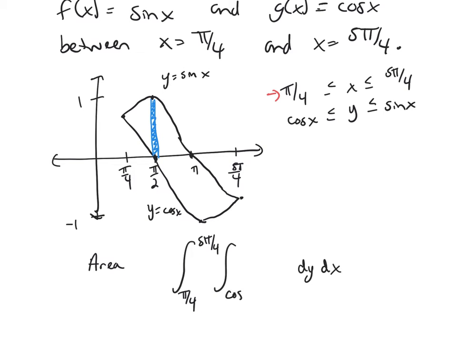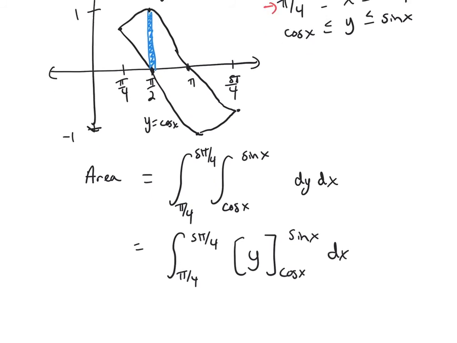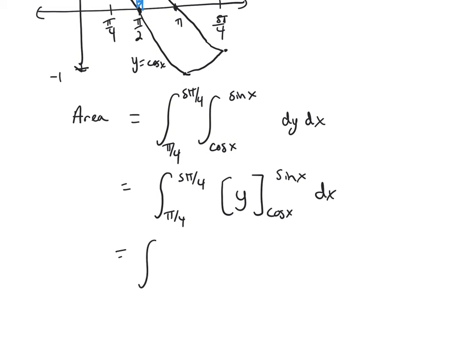So this would be pi over 4 to 5 pi over 4. y goes from cosine x to sine x. And now I can find this area. So you're going to start by computing the inside integral. The integral of dy is y, and then you're going to have top minus bottom, so it'll be sine x minus cosine x.